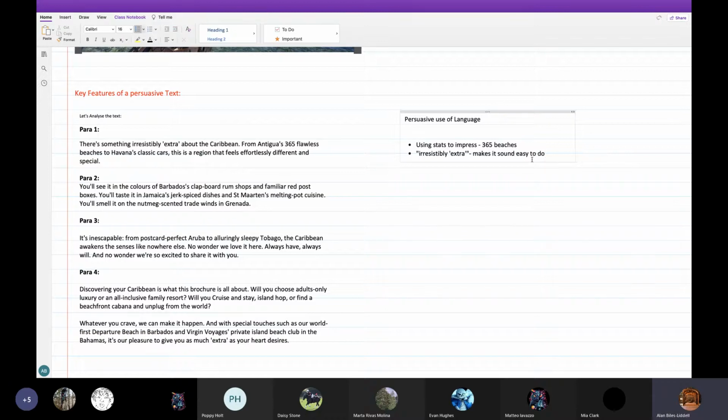And again, if something is irresistible, Mia, what does that mean if it's irresistible? Like you can't leave it or like resist it. That's it. Yes, this is something you can't leave, you can't fight it.